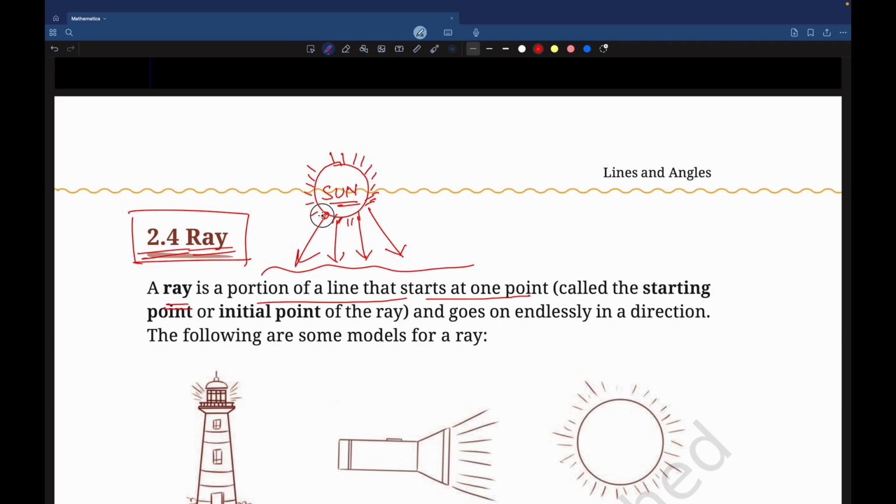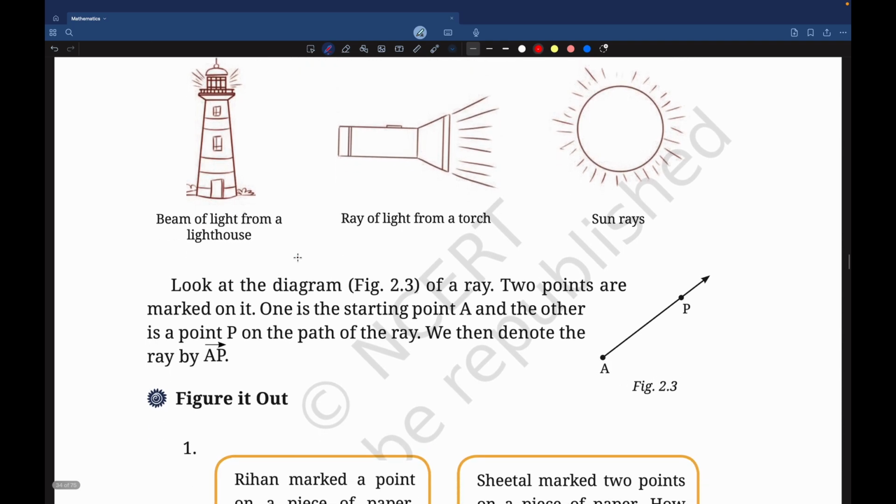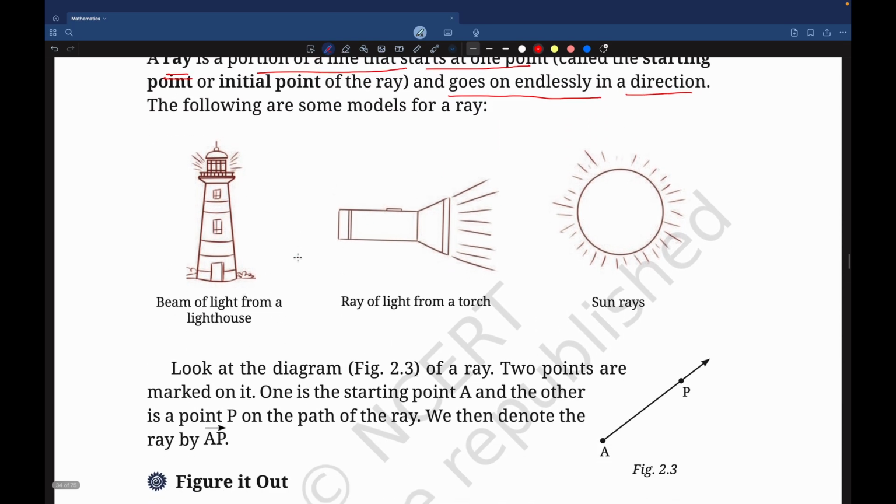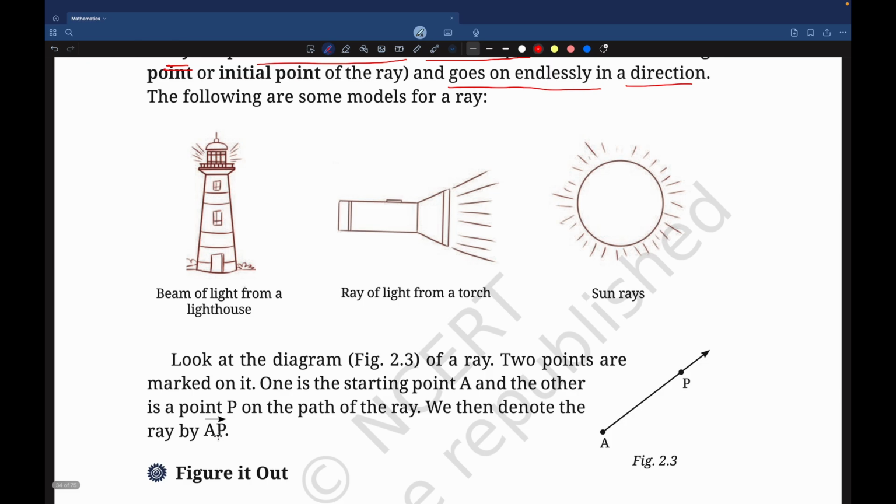Let us say this is a point, that is sun, and it goes endlessly in a direction. Ray is represented by AB and an arrow above it. This example is given, that is ray AP, or I can represent it as AP with an arrow above it.